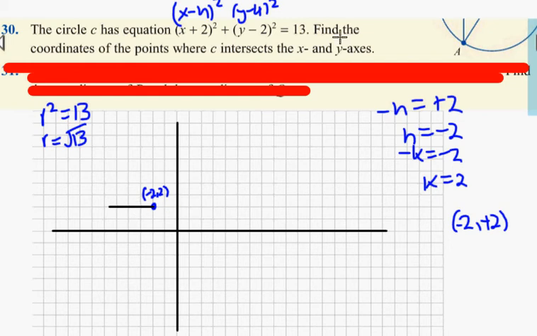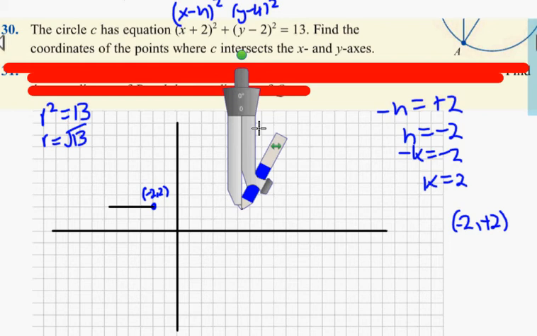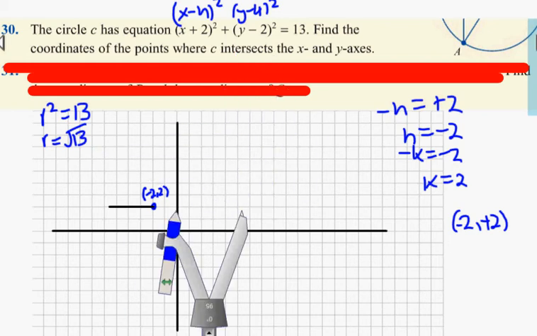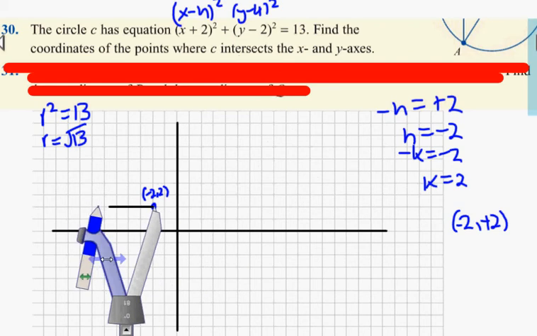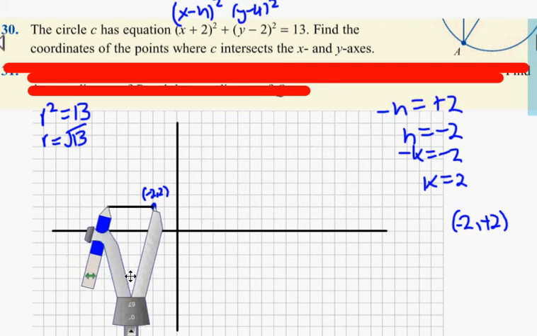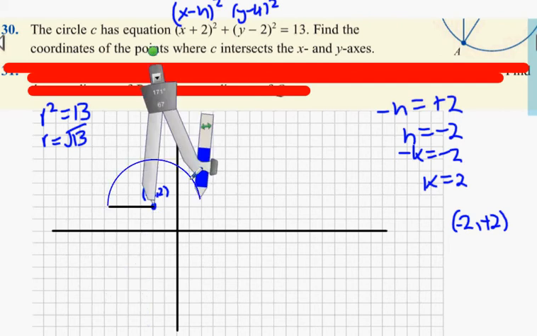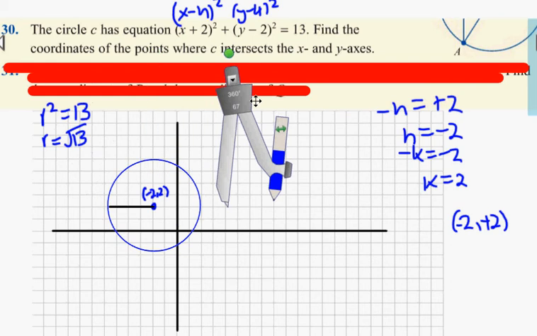Now if we were to draw this, more than likely you're going to use a compass. The problem is, because it was a decimal, it isn't going to be quite as accurate as it would be if it wasn't a decimal. So you whip that around like so, and you can see that it cuts on 2 spots.